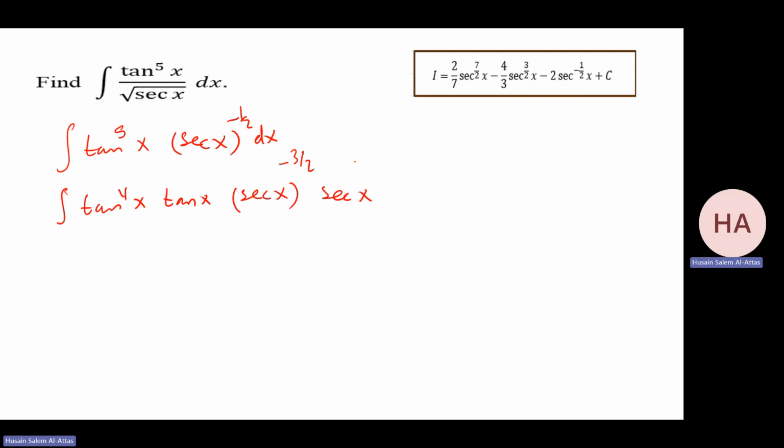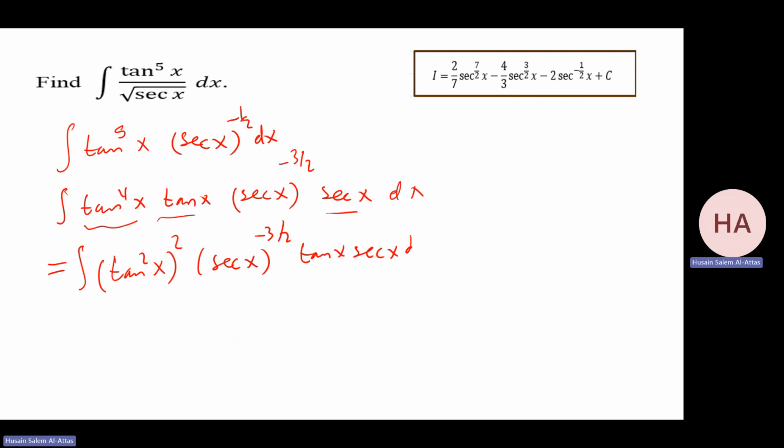I know minus 3/2 times 1 is minus half. So I now have the term secant tan. I put it alone, and this one I need to change to secant. So that will be tan² all squared times secant x to the power minus 3/2 tan x secant x dx.